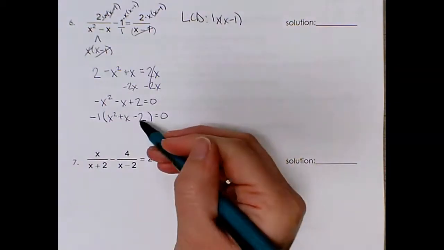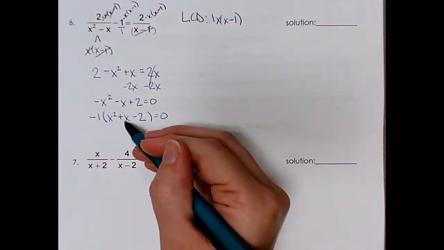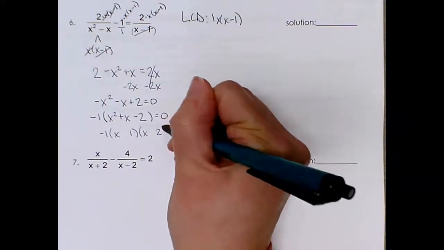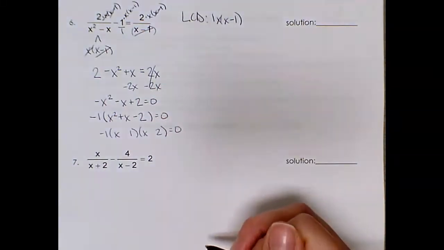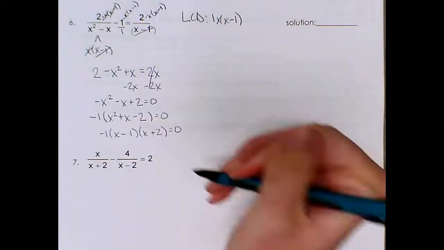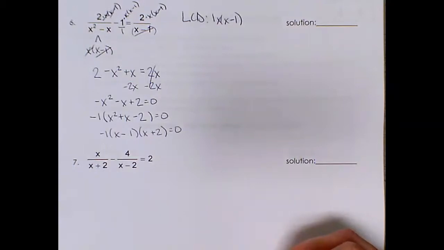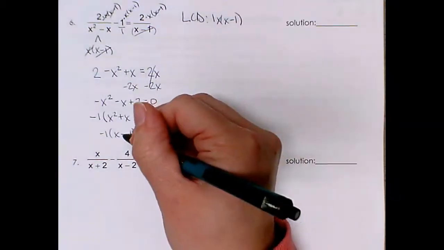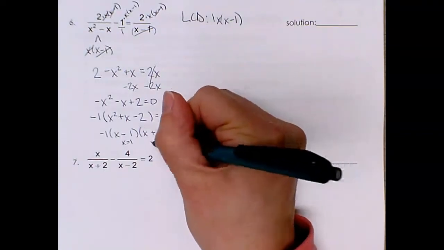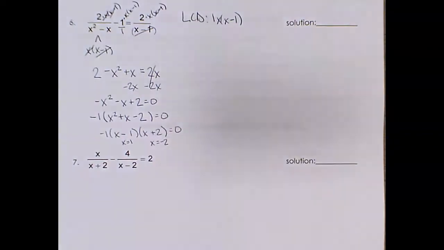Numbers that multiply to be negative 2 and add to be 1 would be some combination of 1 and 2. Because the sum is positive, I would want the bigger number to be positive. Here, the opposite of minus 1 is positive 1. Here, the opposite of plus 2 is negative 2.